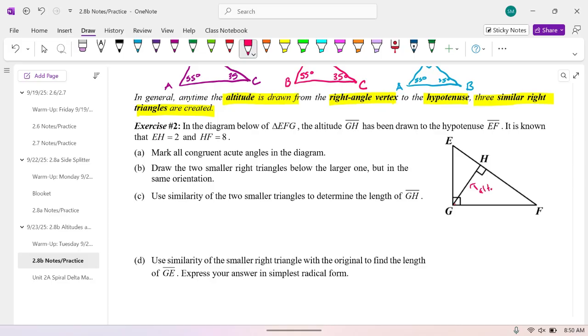It was drawn originally from the right angle, so here, to our hypotenuse, which is EF. So this right here is our hypotenuse. Remember, hypotenuse is the longest side of a right triangle. It created that right angle because that's what altitudes do. And they said that EH is 2 and HF is 8.